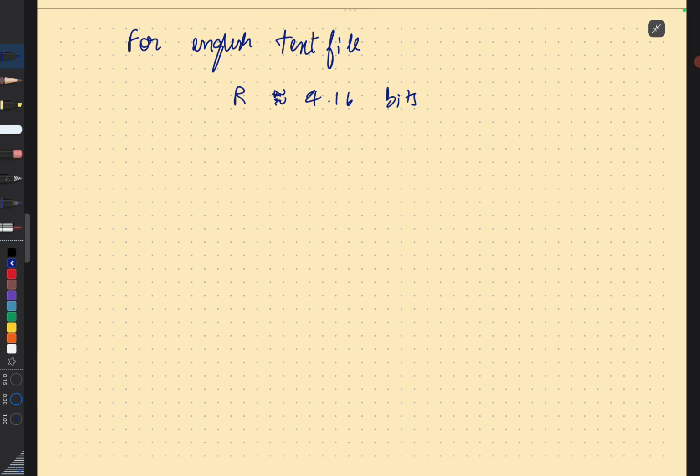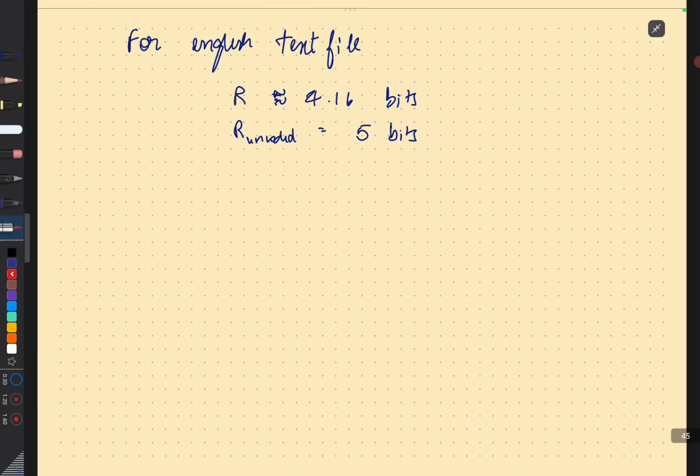And if you did a naive form of encoding, wherein you took each character separately and represented them using the alphabet size, the alphabet size is 26, so each character can be represented using 5 bits. So in the uncompressed form, the rate would be 5 bits. All right. So we got this particular rate by encoding the whole file character by character.